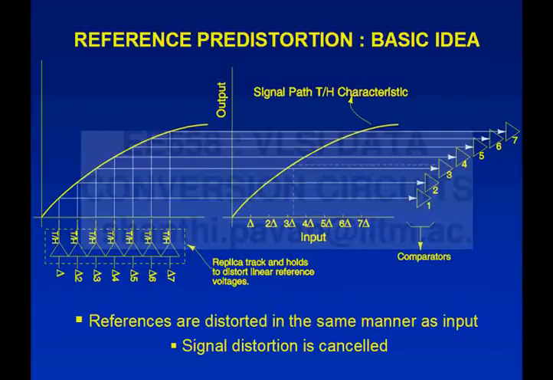So in other words, you have eliminated distortion. This requires no high speed modifications at all. You can still continue to use your lousy nonlinear track and hold. Its only job is to do things fast, and you can now play around with the references and in principle eliminate distortion.